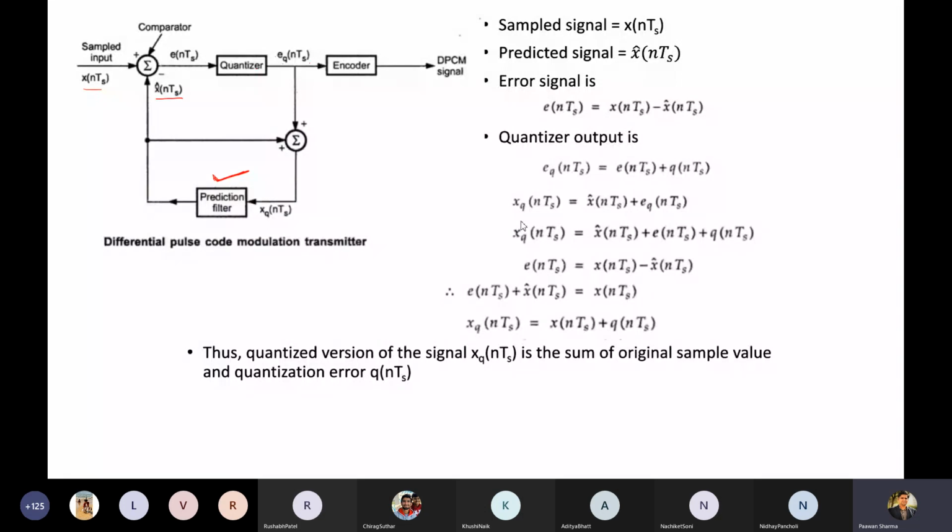This is known as feedback. So this is the feedback. This is the feedback for the prediction filter, and this is the feedback for this entire DPCM system. Are we good?